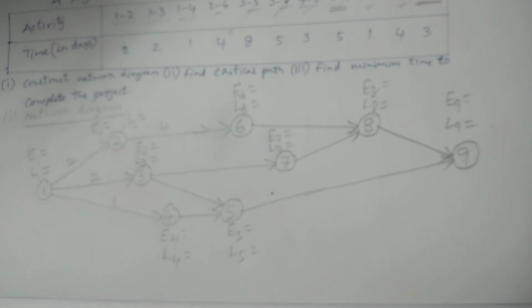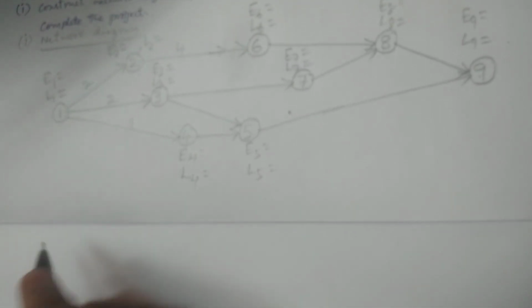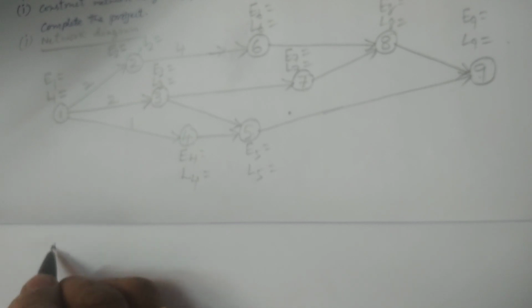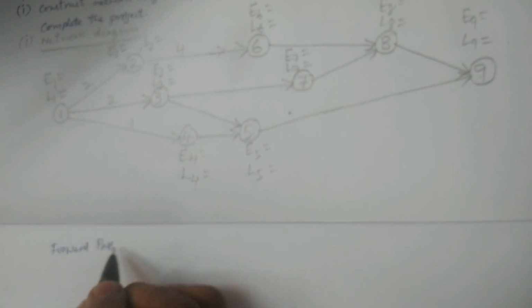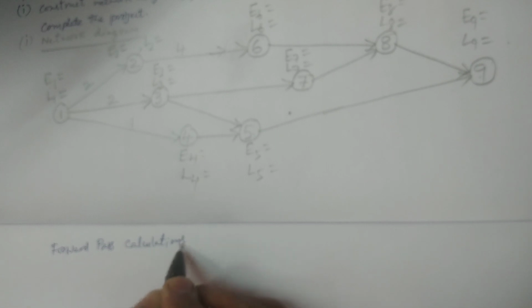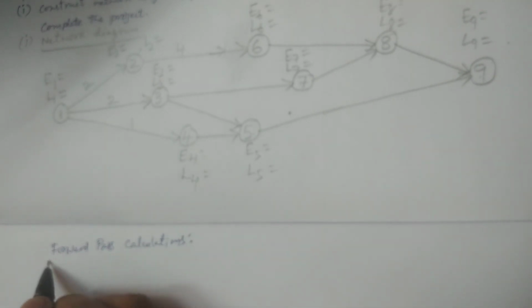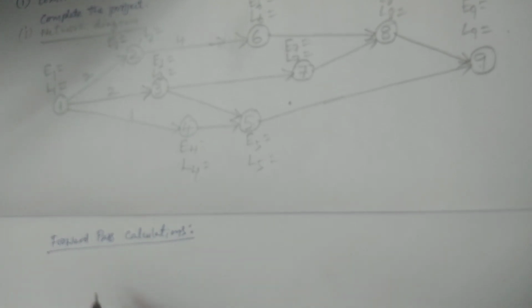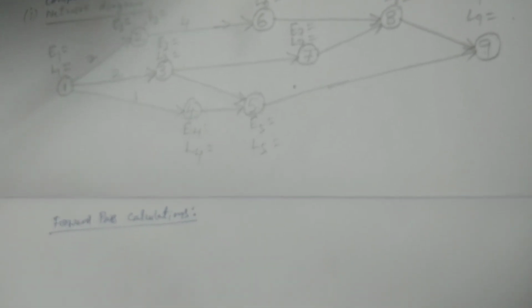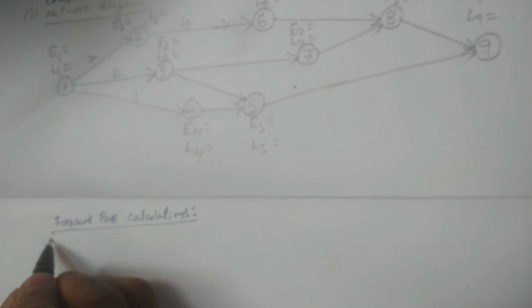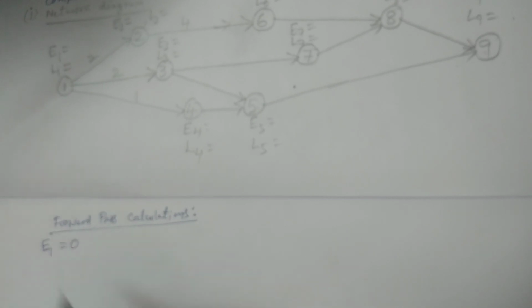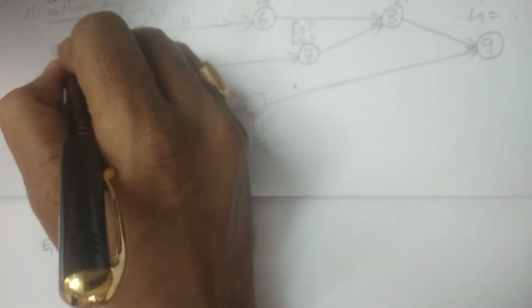In the forward pass calculations, I put a heading here, forward pass calculations. The first value to be considered is E1, which is equal to 0.